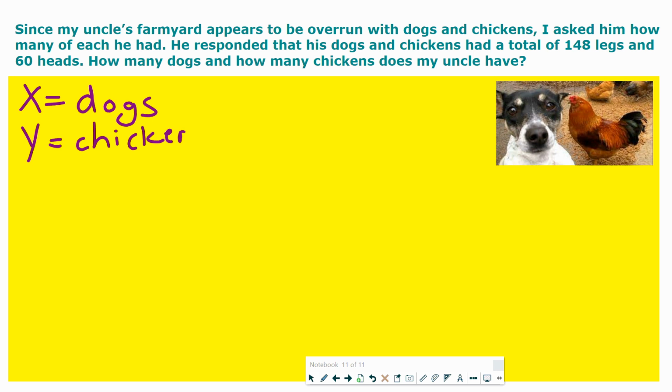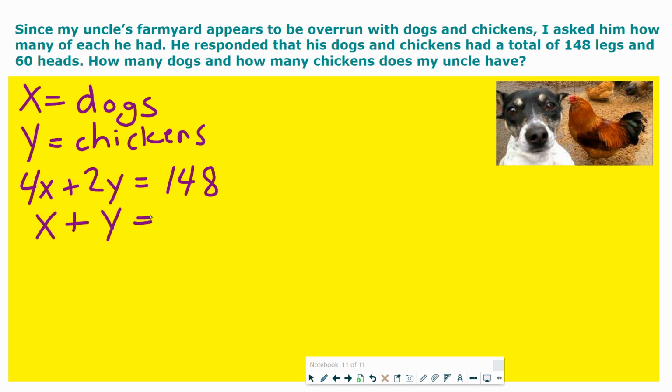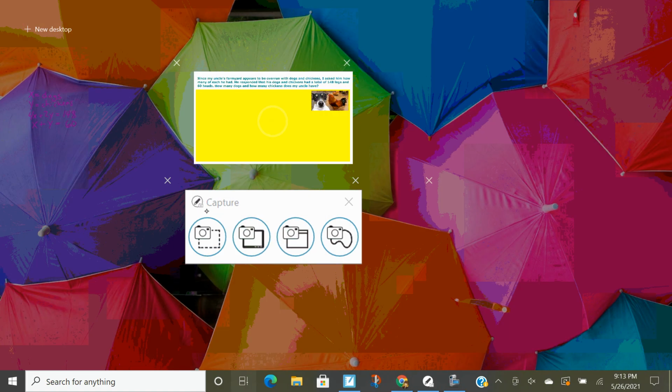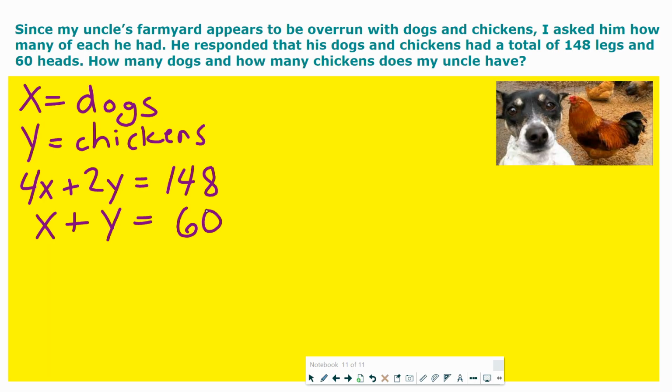So for my first equation, I know that dogs have 4 legs and chickens have 2. So I'm going to say 4x plus 2y has to equal 148. And then the 60 heads have to be just the dogs and chickens together. So I have x plus y equals 60. So again, I'm going to use the elimination method.